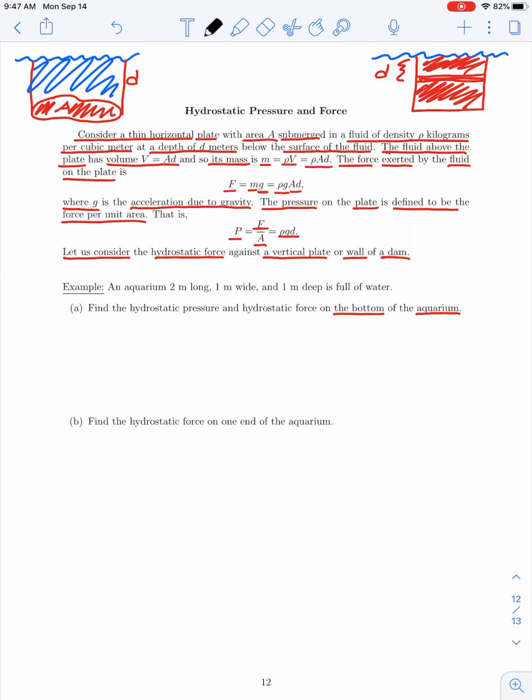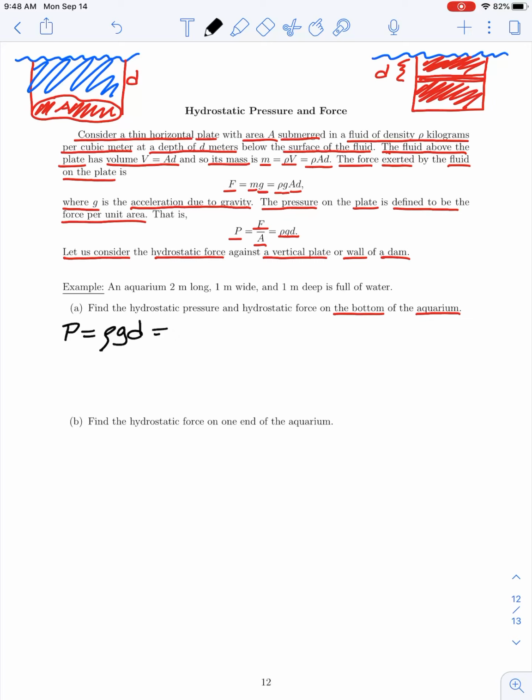So let's start by looking at hydrostatic pressure, P. Against the bottom of our aquarium, we would calculate this pressure as the product of the density, rho, times acceleration due to gravity, g, times the depth of our plate, d.